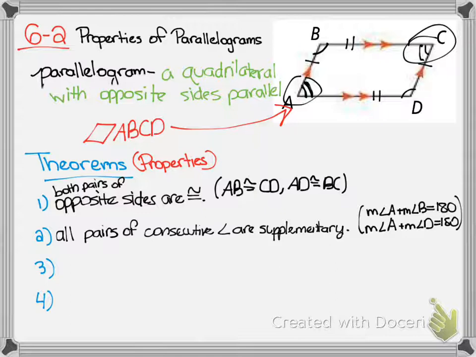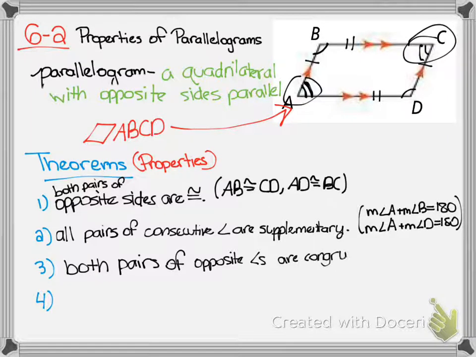So not only are all pairs of consecutive angles supplementary, both pairs of opposite angles are congruent. So here, A is congruent to C, and angle B is congruent to angle D.